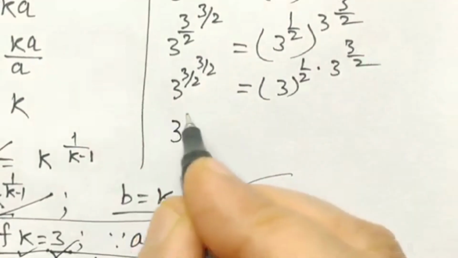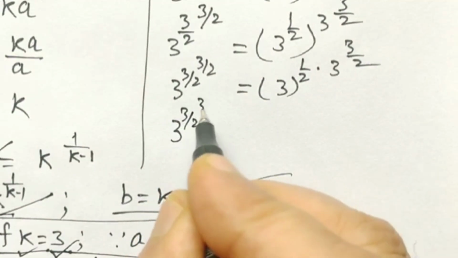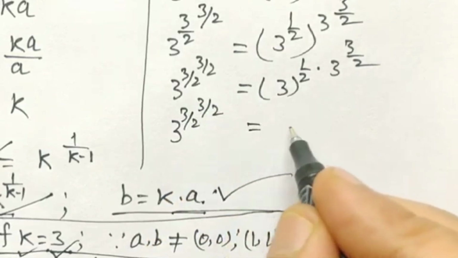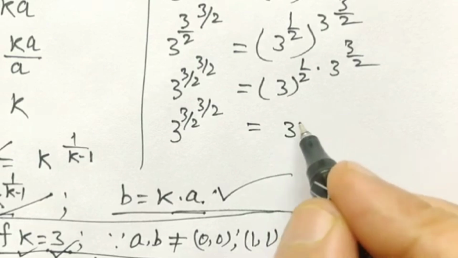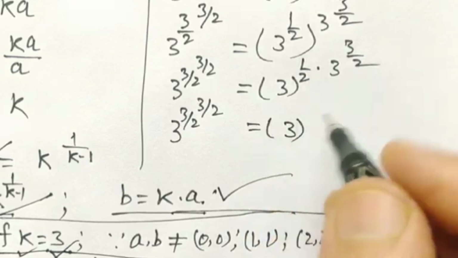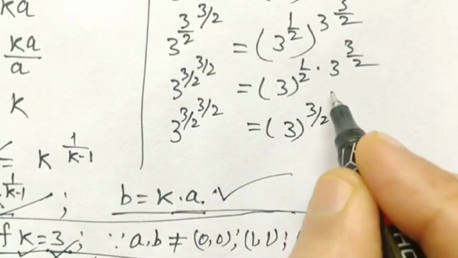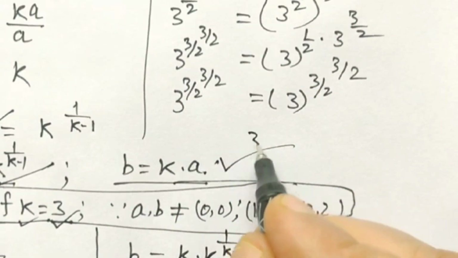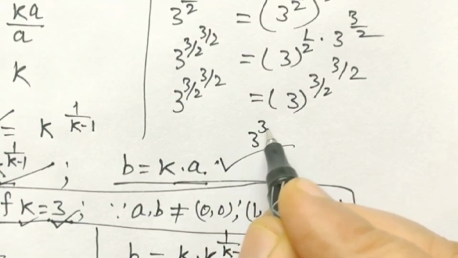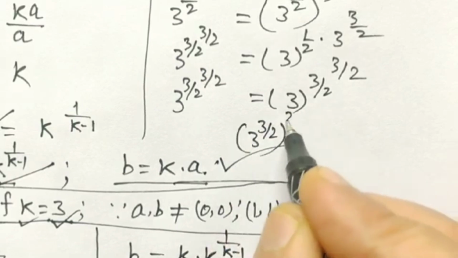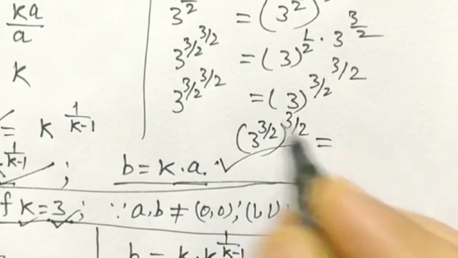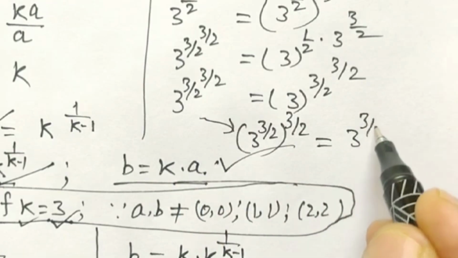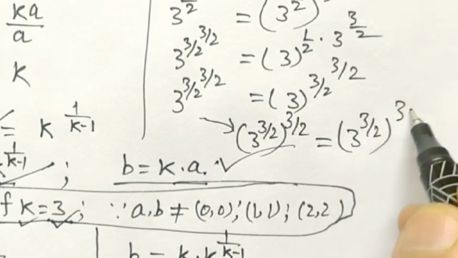Finally we get 3 to the power 3 by 2 to the power 3 by 2 is equal to 3 to the power 3 by 2 to the power 3 by 2.